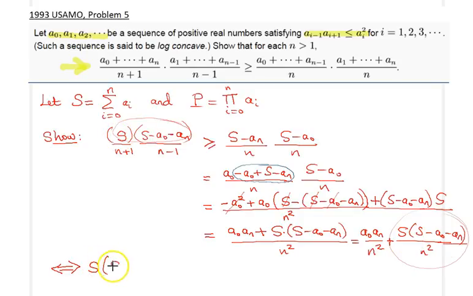I have S times S minus A sub 0 minus A sub n, times 1 over n squared minus 1 from the left hand side, and minus 1 over n squared coming from the right hand side. I would like to show that this expression is greater than or equal to A sub 0 times A sub n over n squared.